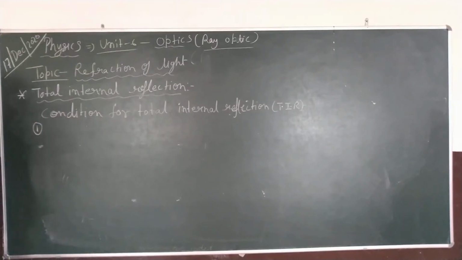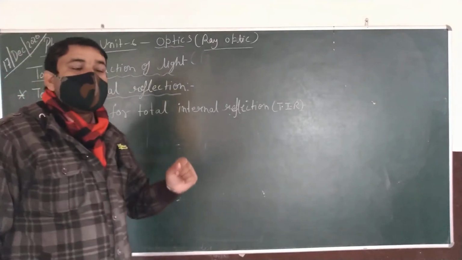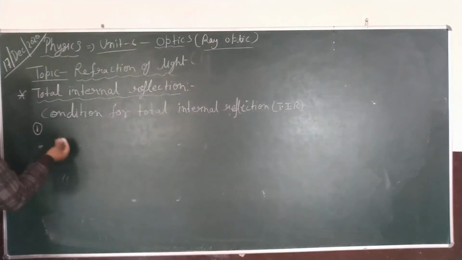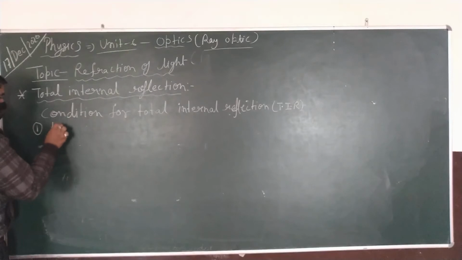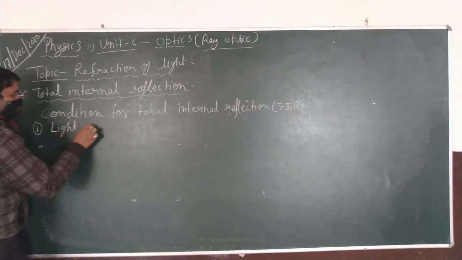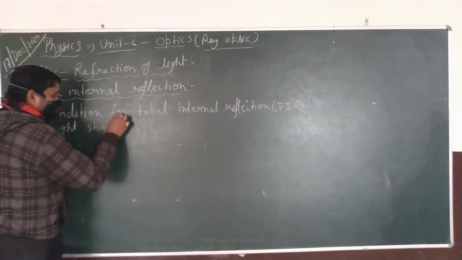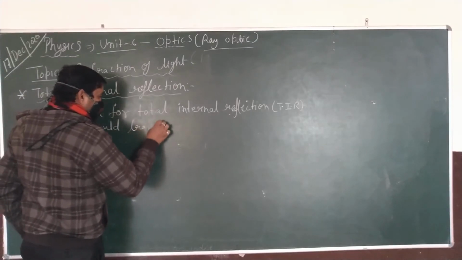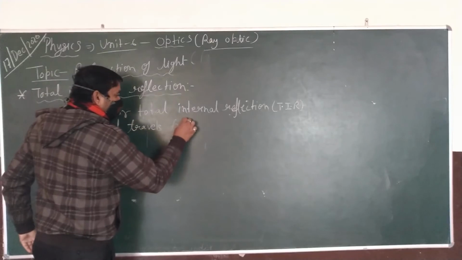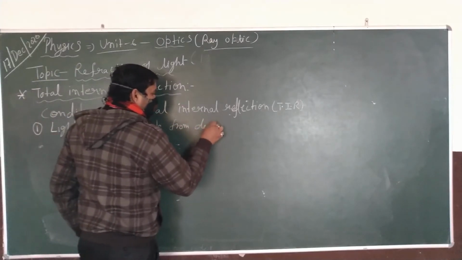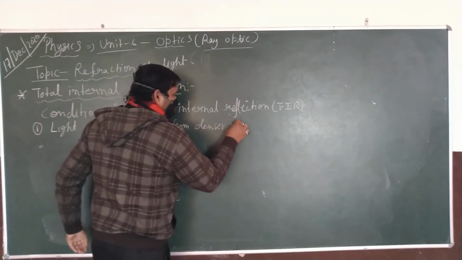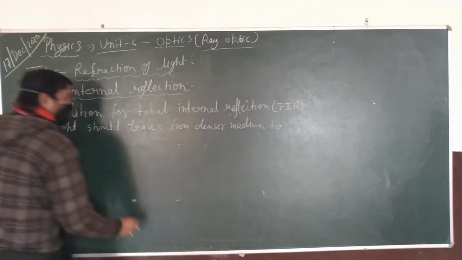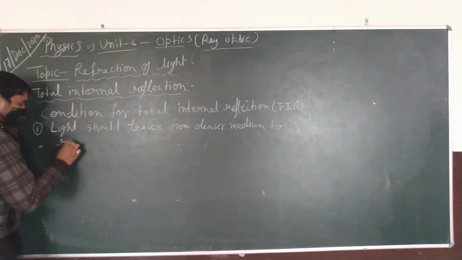First condition is that the light should travel from the denser medium to the rarer medium.